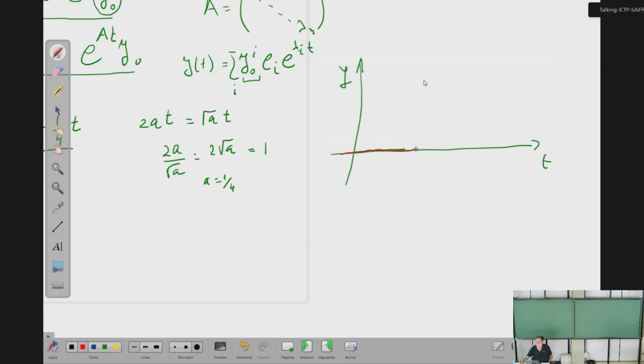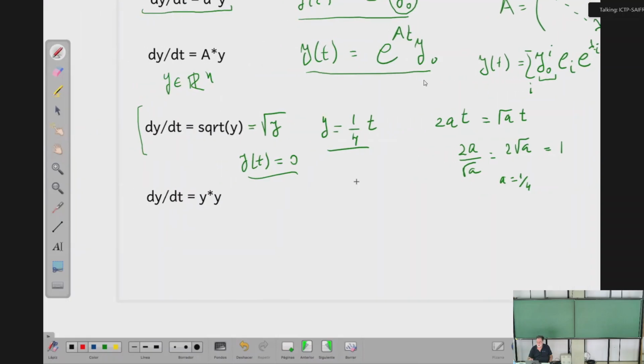Here at some point it decides to go like t squared, so it goes like this, or decides to go like here, or just stay here. All of these are possible solutions. Right? So these systems have many solutions.